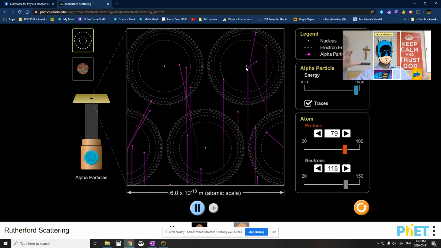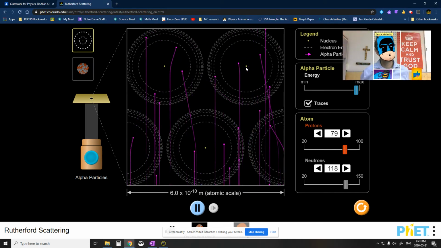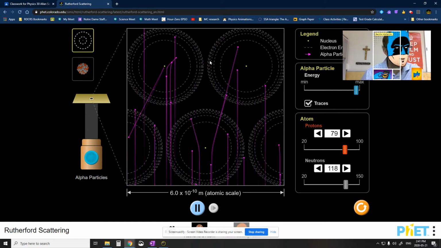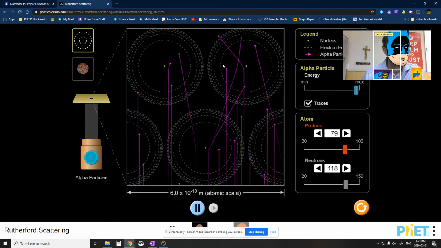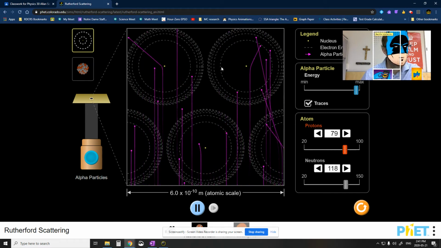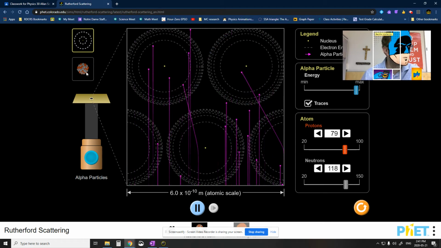All the negative electrons were floating around all over the place around the outside, right? Because they knew about bonding theory at this point, where electrons are kind of shared between atoms. So he knew the electrons had to be around the outside somewhere, being able to share with other atoms. So they couldn't be trapped within the middle there.